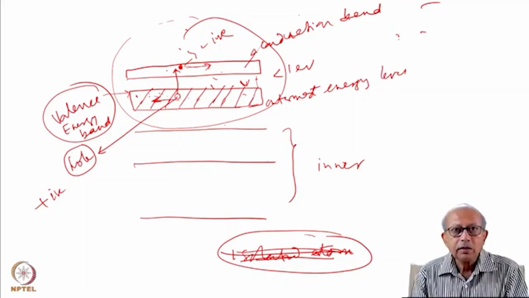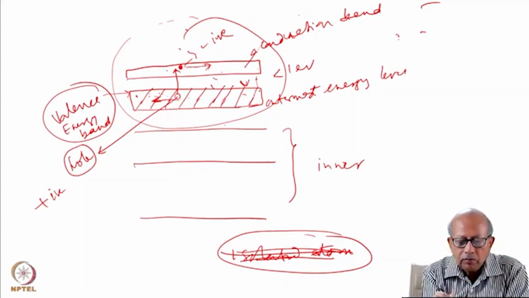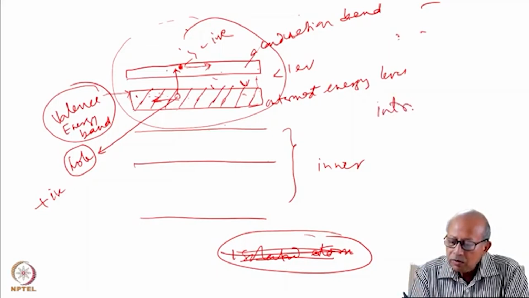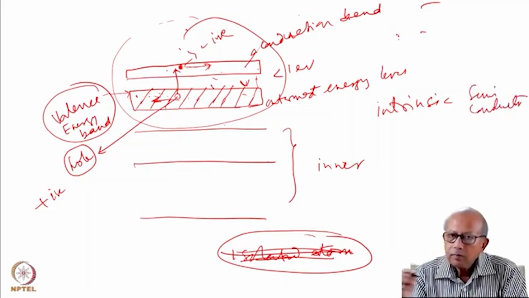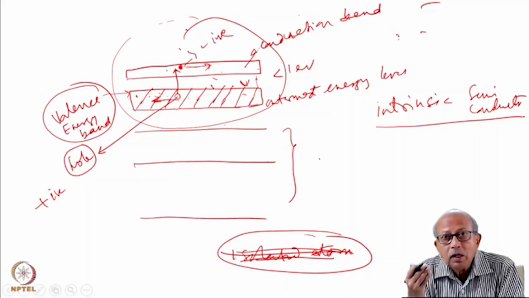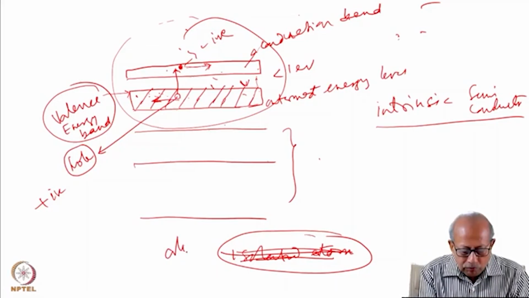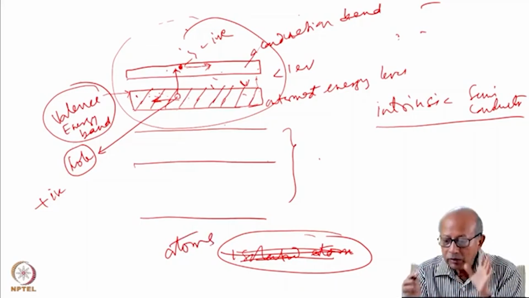And such semiconductors, which naturally show this behavior because the conduction band is very close to the valence band, are called intrinsic semiconductors. This semiconductor can be both of elemental type as well as compound type. Elemental means when atoms form the solid and you have a semiconductor.